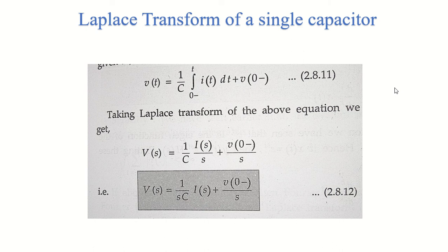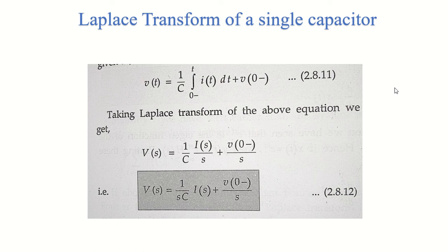So again we all know what is the voltage value across the capacitor. It can be given as this formula: V of t is equal to 1 by C integration 0 to t of i dt plus V of 0 minus.